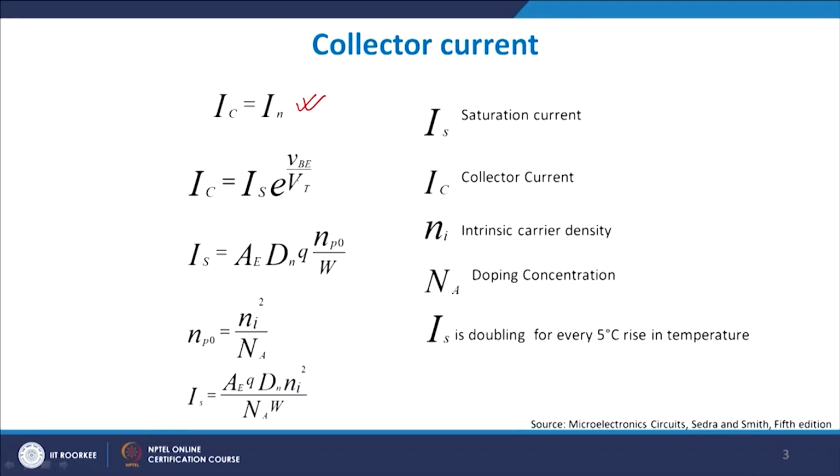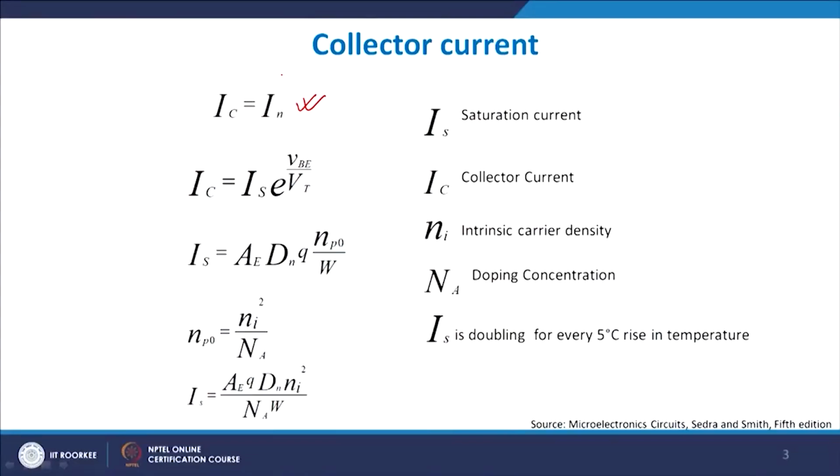Now, assuming that you had all the emitter charge carriers as electrons, and there was zero recombination in the base, I would expect to see all the electronic charge reach the collector side. So, I can safely assume in that case that my electron current IN will be equal to the collector current.